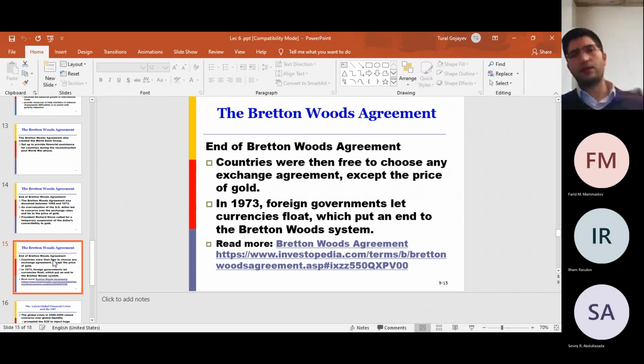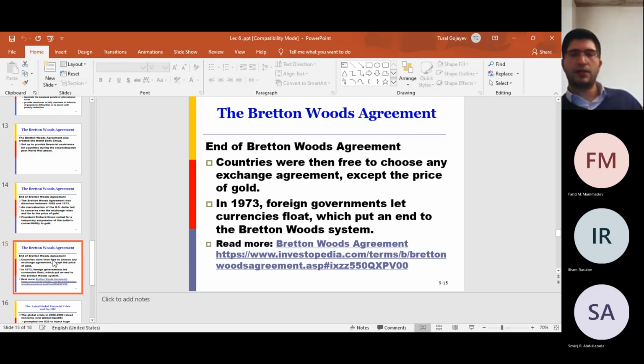So exchange agreements can be different. For example, a floating currency, a floating exchange rate. You have heard this, right? We are not using a floating currency, but some neighbor countries, in Russia, in Turkey, they are using floating currency.